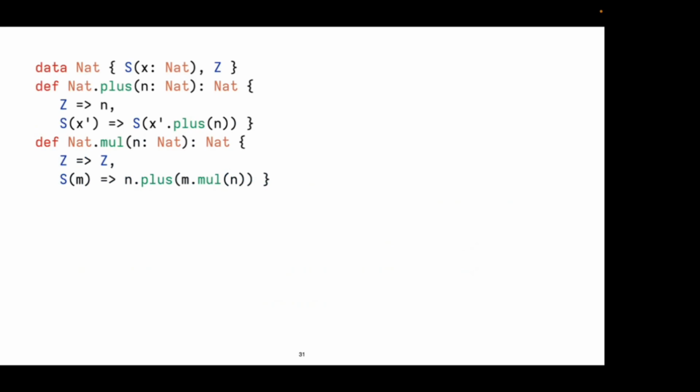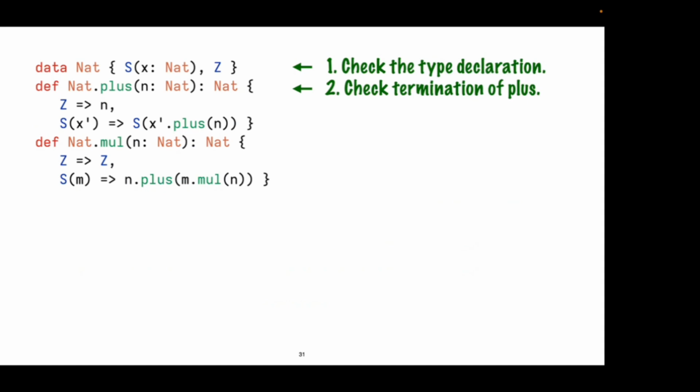And the third problem has to do with termination and productivity checking. Here we see a program that can be written in most proof assistants. We first have a data type declaration of the Peano natural numbers, and we have to check that data type declaration. Next, we have to check the termination of plus.